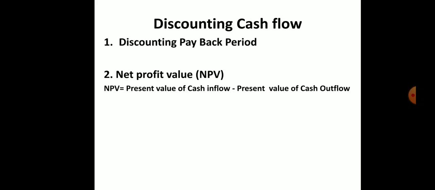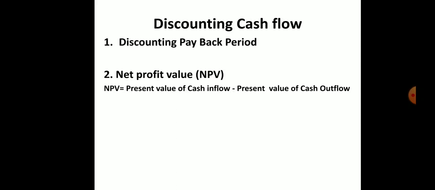Every year's profit that they give, we convert into present value, and the total of that is the cash inflow. Cash inflow means profit. Present value of cash outflow means what you have actually invested, the initial investment. If you subtract these two, you get the net present value.